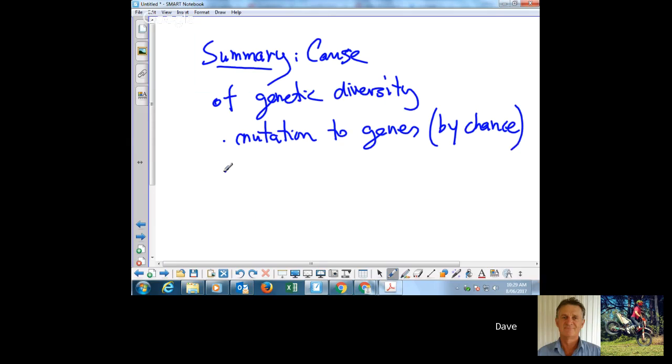Mutation of genes. We've got the mixing up of genes in crossing over, which mixes genes on chromosomes.